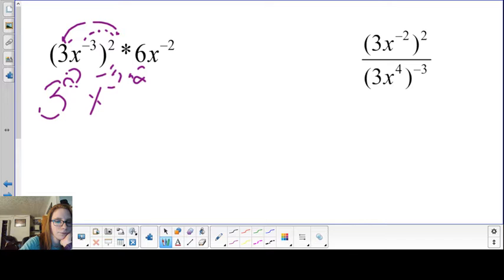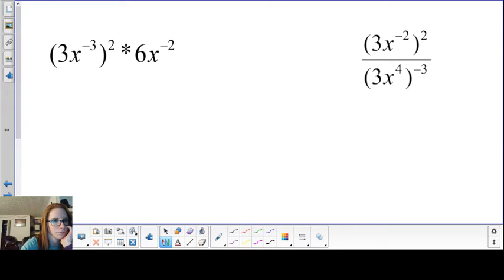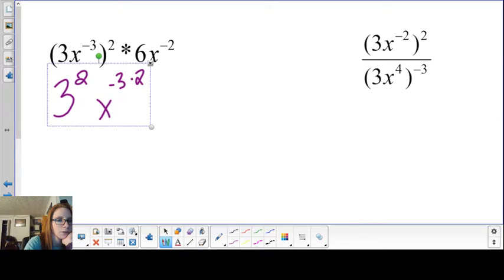I was hoping it might work if I pressed on it a different way. Nope, still jumping around. Okay. So I have 3 to the second, x to the negative 3 times 2, times 6x to the negative second.